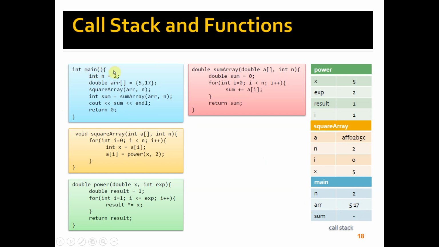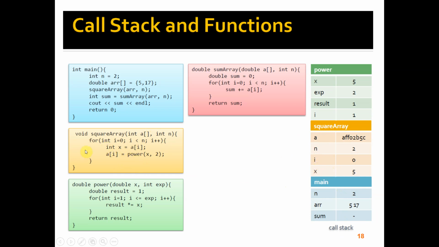The main function now calls the square array function, which is here. The square array function's stack frame, or activation record, goes on top of the main stack frame, and this one would have the parameters, which are a and n, and also the local variables i and x.